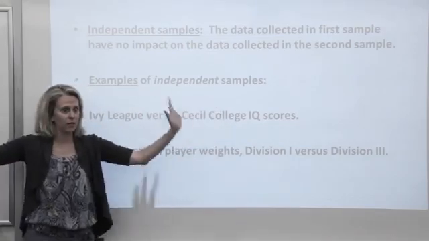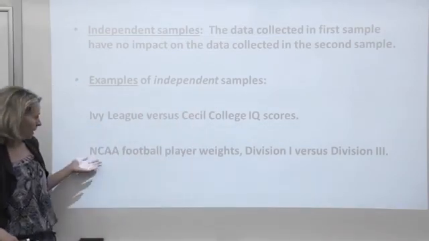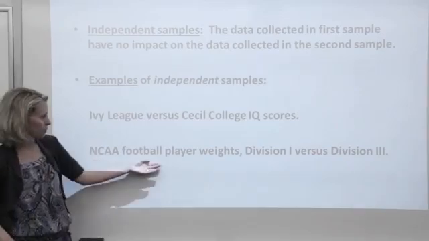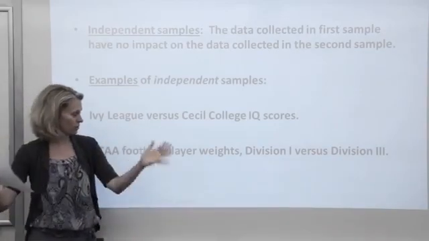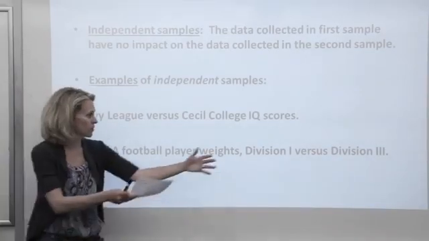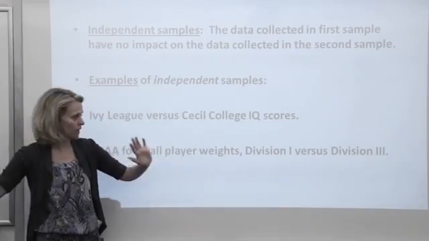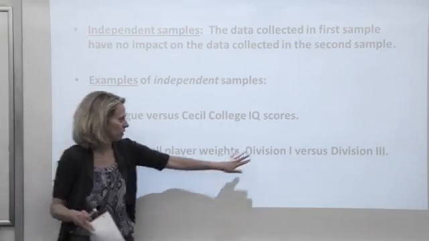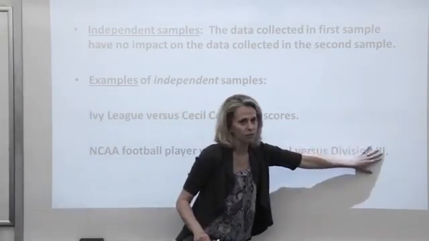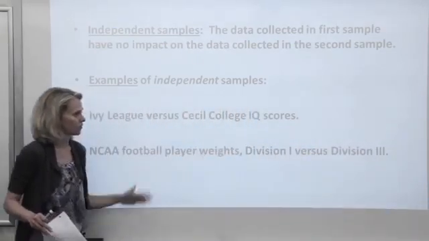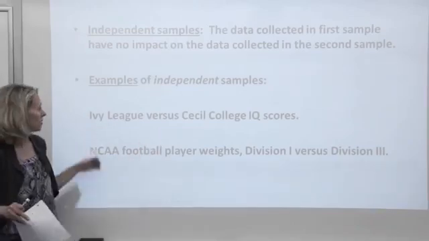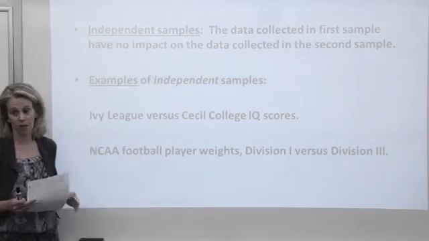They are two independent sets of samples. If we looked at NCAA football player weights for some players from Division I versus some players from Division III, those two sets of data have nothing to do with one another. These weights don't affect the weights of the players in a totally different division. They're independent. So these are examples of independent samples.